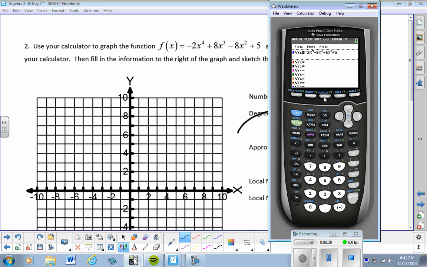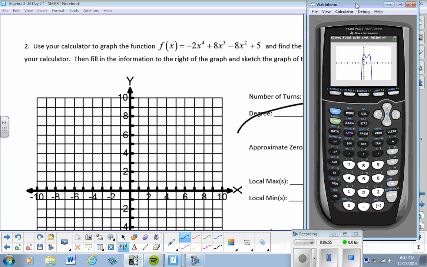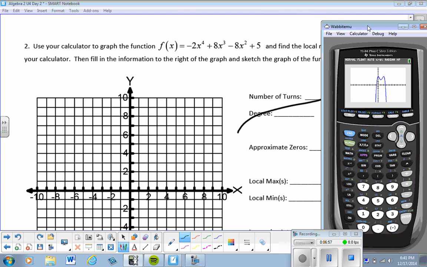I'm going to hit zoom 6 and we're going to graph. Alright, so looking at this, we are going to fill this out.